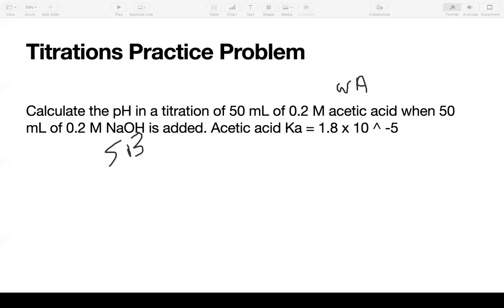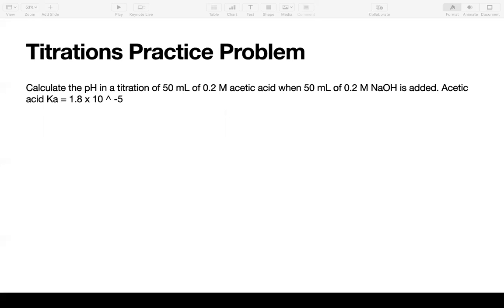So yeah, we could do some math to prove it. So I'm gonna make this smaller, and let's jump into it. pH at equivalence point.